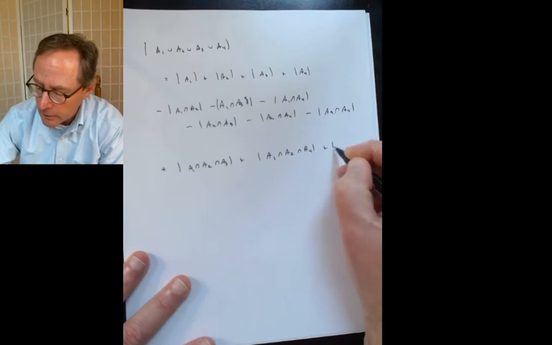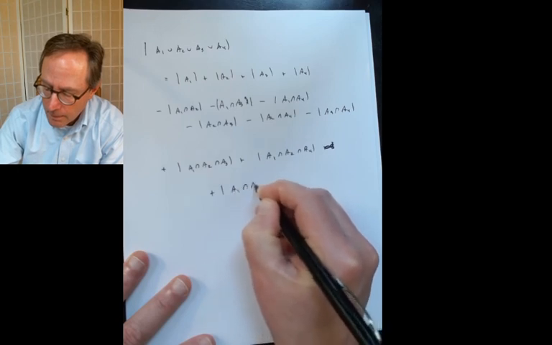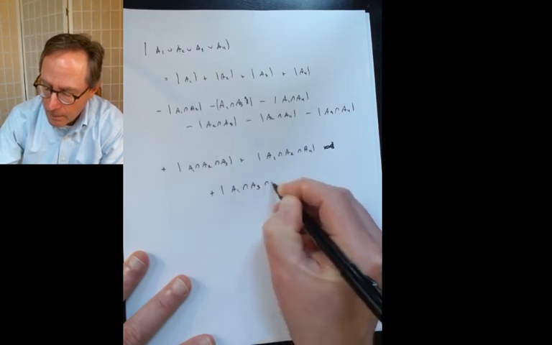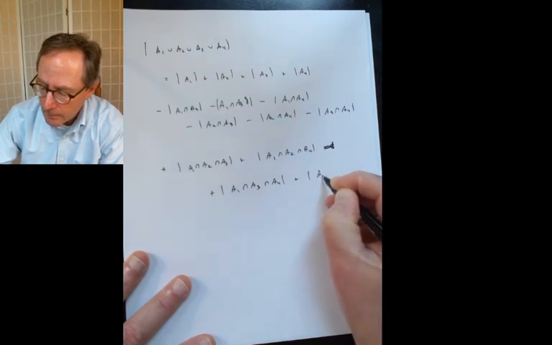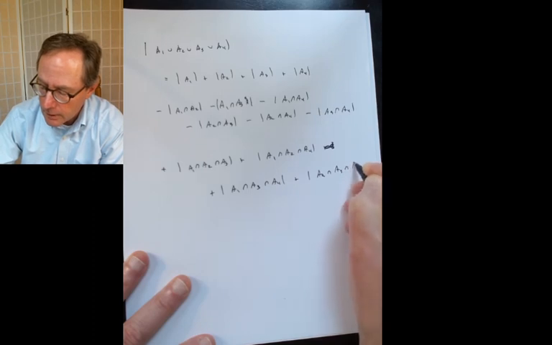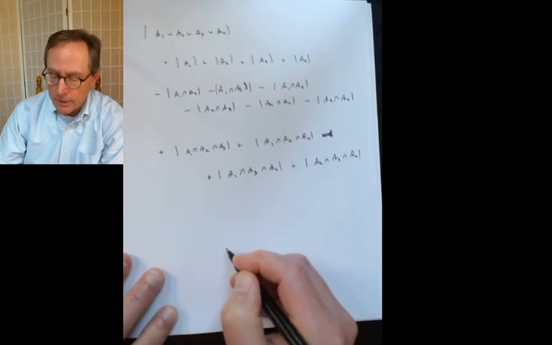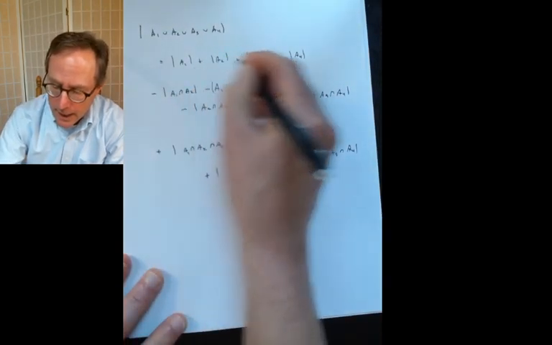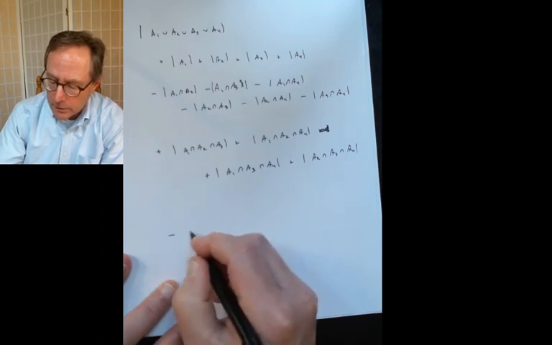And leave out A2. I'll write that on the next line. And finally leave out A1, which gives A2 intersect A3 intersect A4. Okay? I told you it's going to be a mess. And then finally, I added, I subtracted, I added, and now I subtract the intersection of them all.